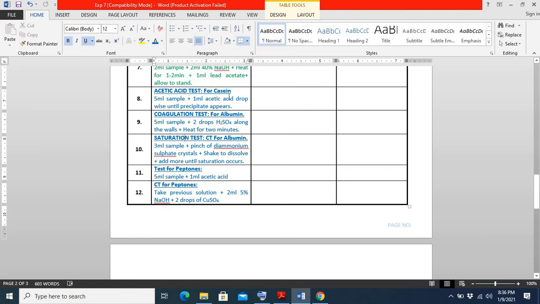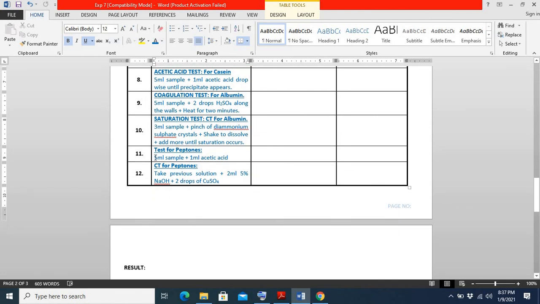If this test comes positive, then casein is present in the sample. But right now our aim is to find out peptone in the sample, so we will perform the test for peptone.